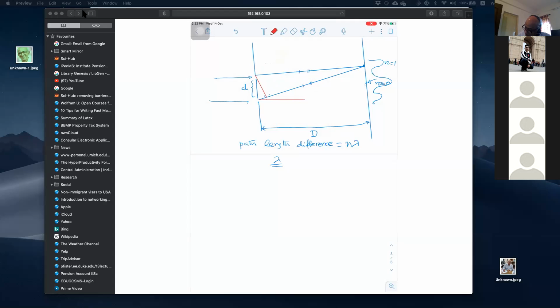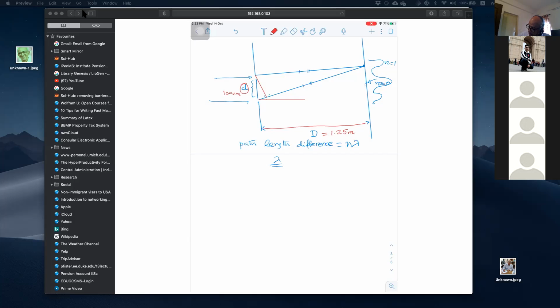This angle is very small because this separation d is 100 nanometers, and this separation, which I have denoted as capital D, is 1.25 meters.